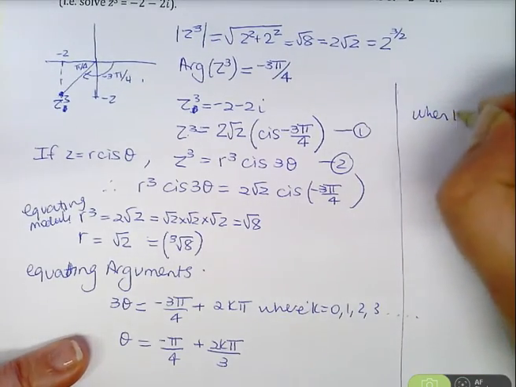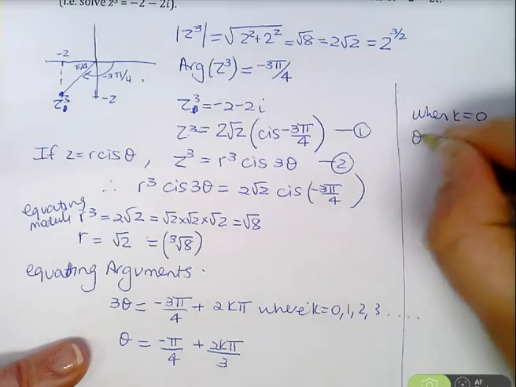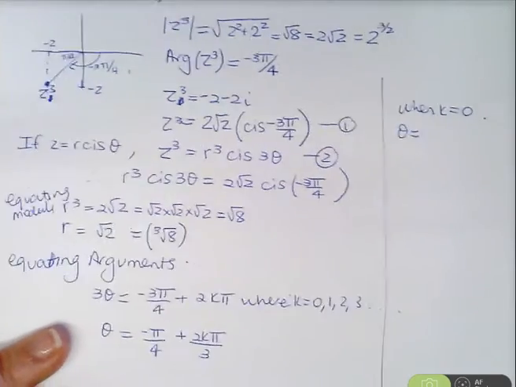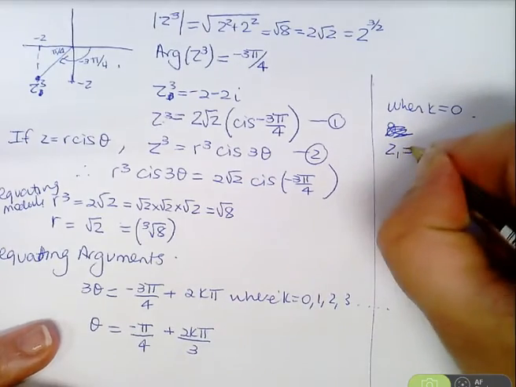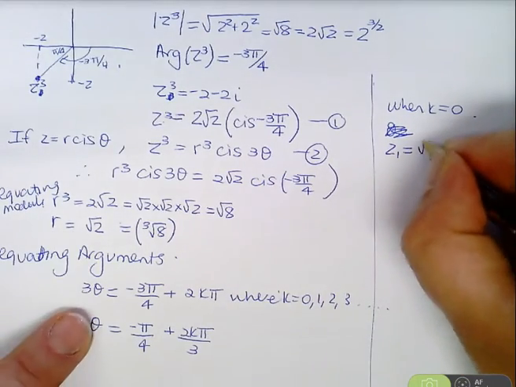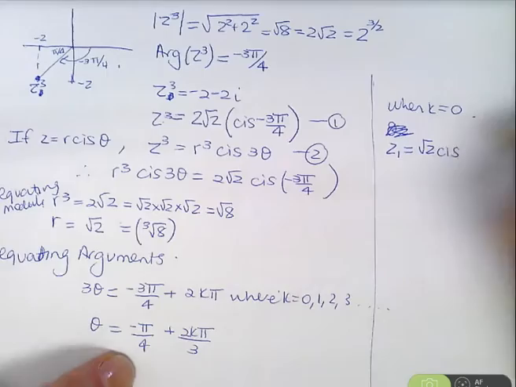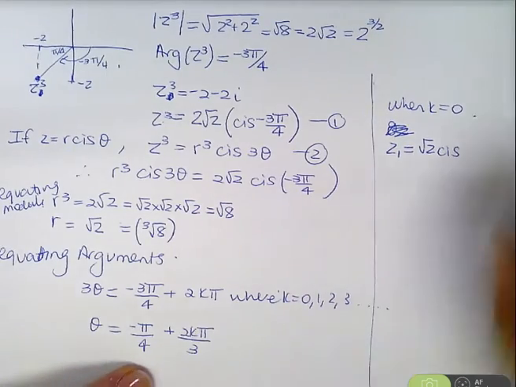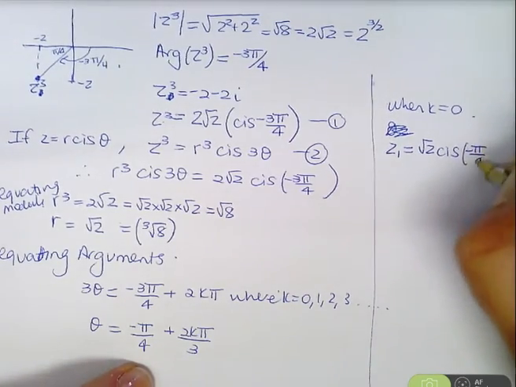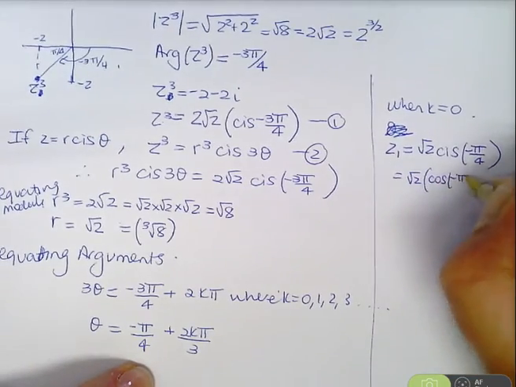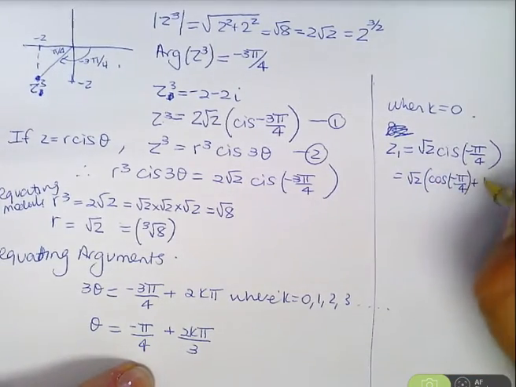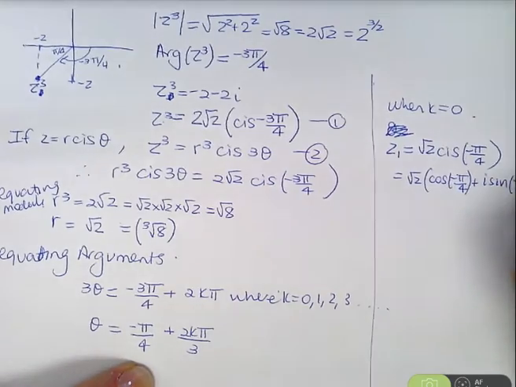So when k equals 0, my first root Z1 will equal root 2 cis minus pi on 4, which is root 2 cos minus pi on 4 plus I sine minus pi on 4.